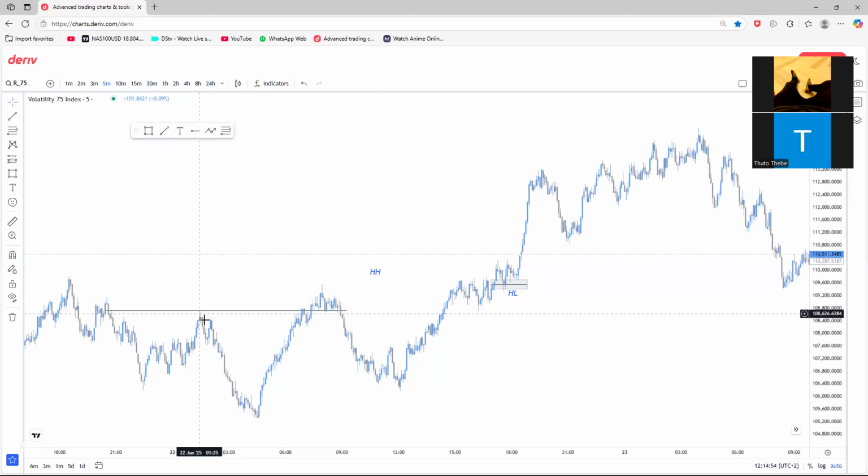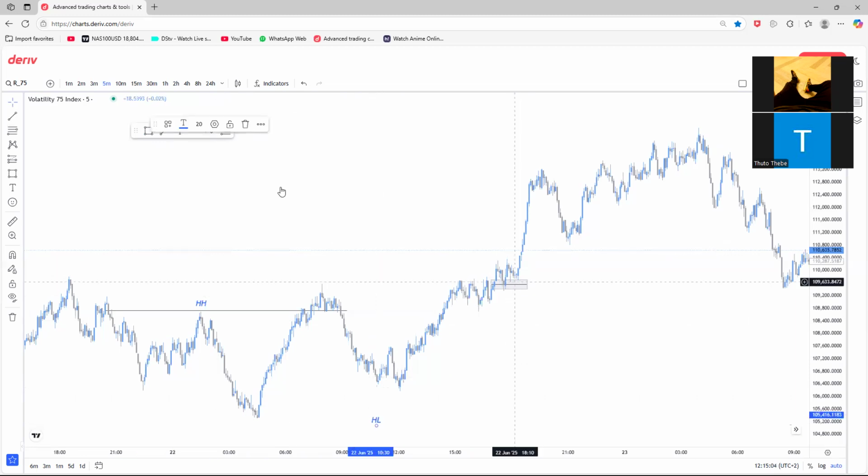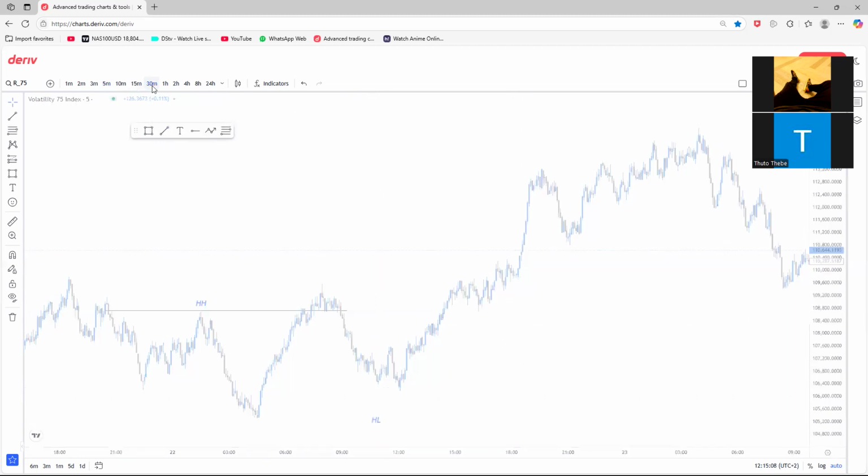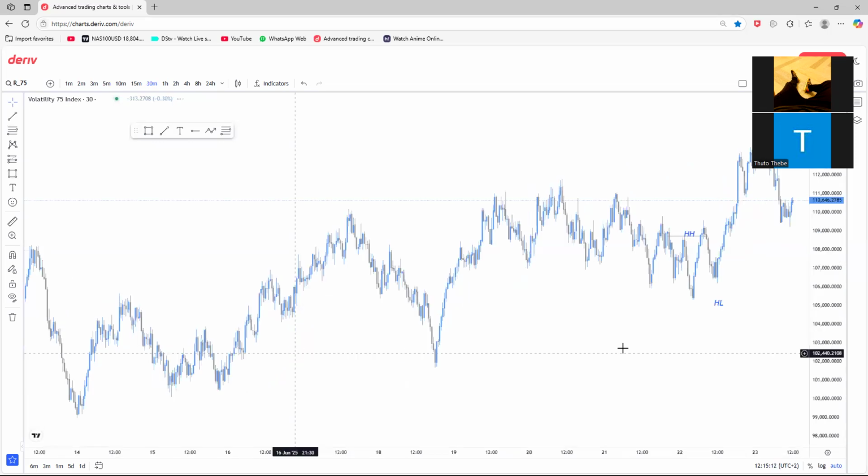So this one is a higher high. Why? It's higher than this one here. It's higher than that one high there. So I'm just going to put this here and delete this and go to 30 minutes. I think it shows better on 30 minutes. Mm, no, I'm lying. Let's see, 4 hour.